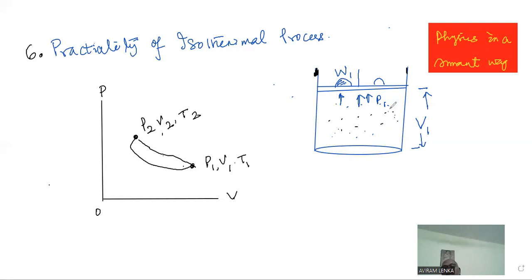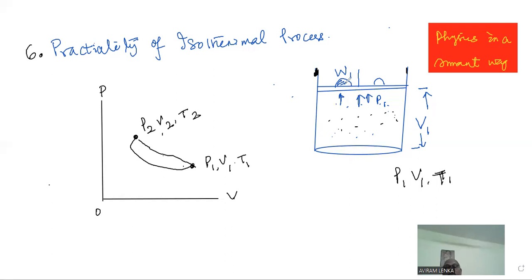Initially, the gas was at pressure P1, volume V1, and temperature T1, which we have measured correctly. There is a tight-fitting piston, and we have put some weight W1 on it. So the piston will be pushing on the gas.